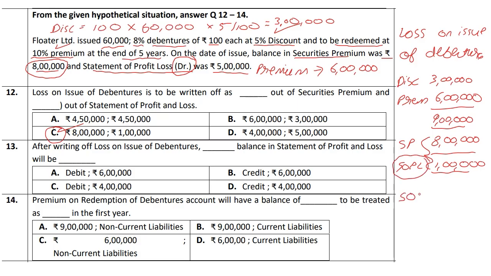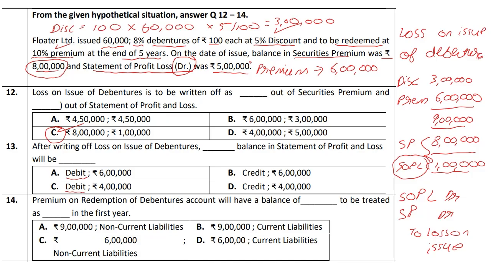The combined entry is SOPL debit, securities premium debit. Both of these are debited, and loss on issue is credited. So in either case, it was already debit. It is going to be further debit. We have two debit options.